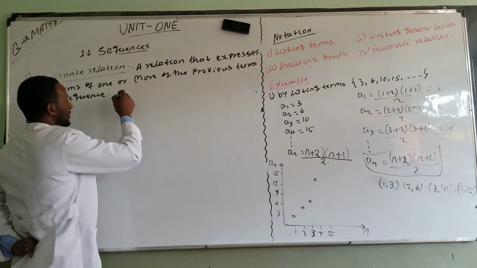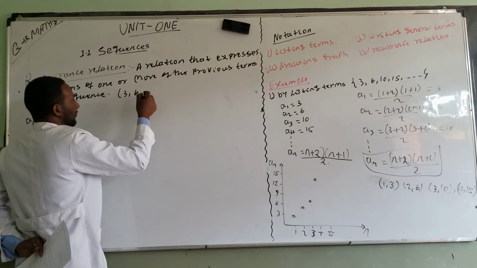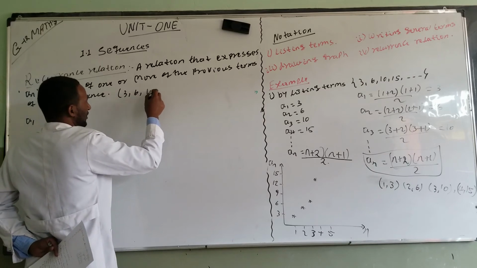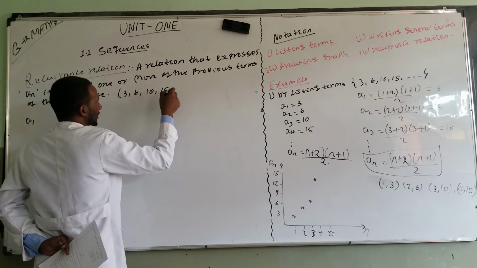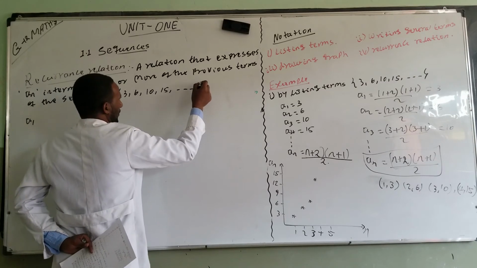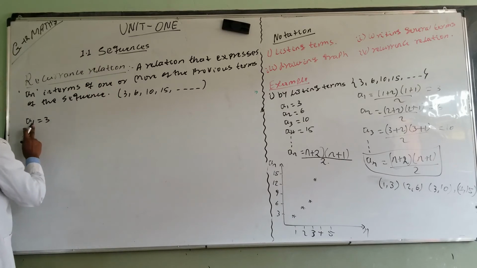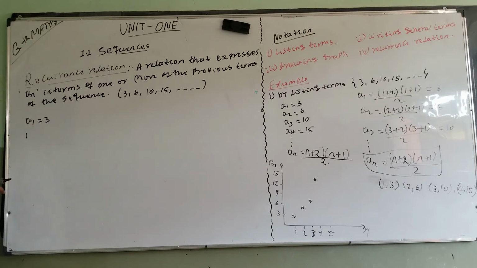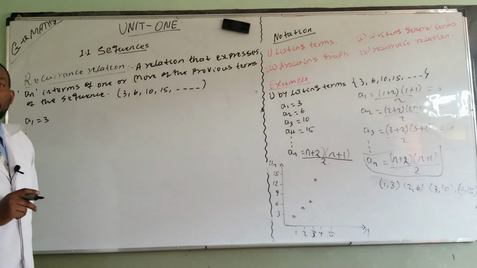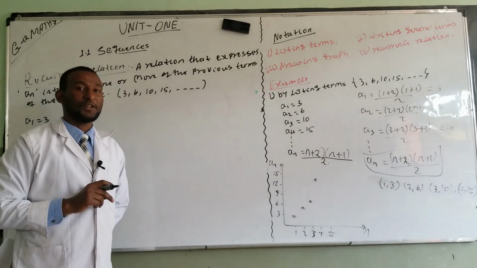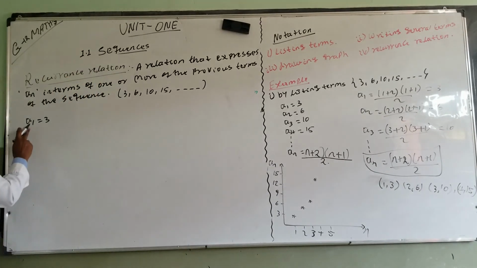When we see the listing of the terms of the sequence 3, 6, 10, 15 and so on, let us take a1 is equal to 3. In a recurrence relation, we have to have an initial condition. Let us take a1 is equal to 3 as the initial condition.